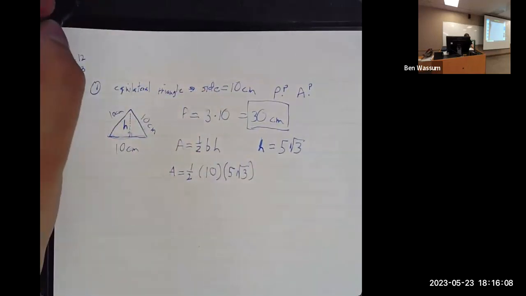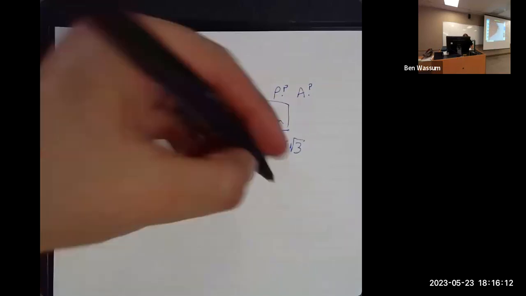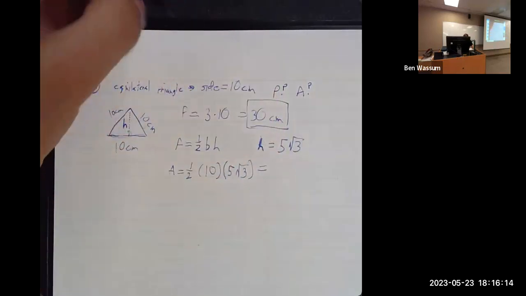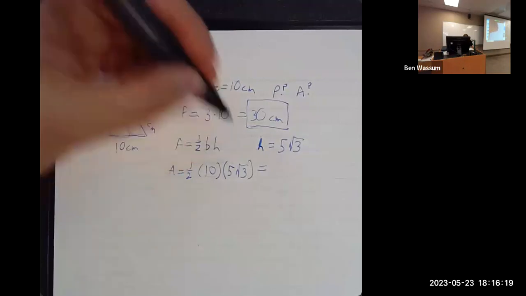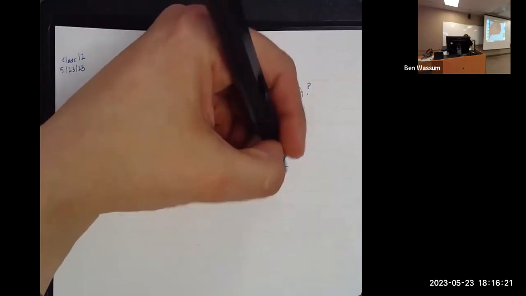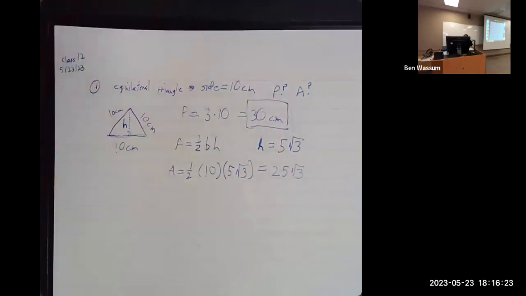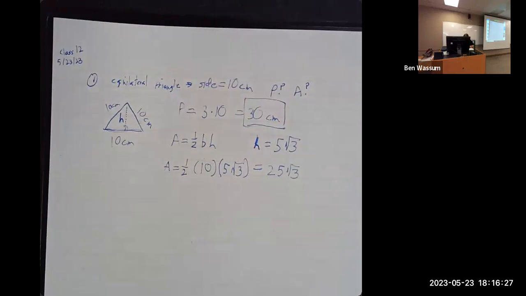I could have used a decimal. It doesn't really matter. Then I would multiply everything together. 1/2 times 10 is 5, times that thing, we end up with 25√3. And that's probably not going to be a great answer, so I'm going to get a decimal for it now.